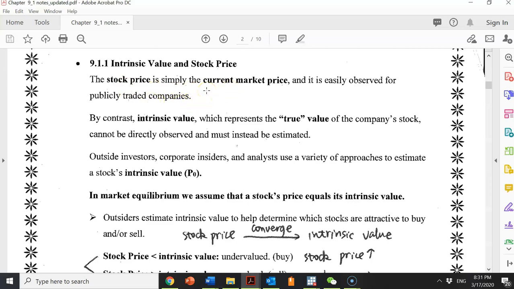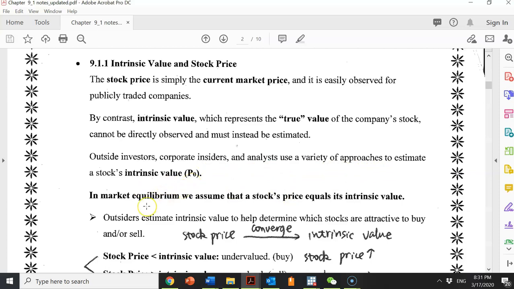So when you go to Google Finance, Yahoo Finance, the stock price of Apple stock, the stock price of Twitter is the current market price. By contrast, intrinsic value, which represents the true value of the company's stock, cannot be directly observed and must instead be estimated. Outside investors, corporate insiders, and analysts use a variety of approaches to estimate a stock's intrinsic value, P0.